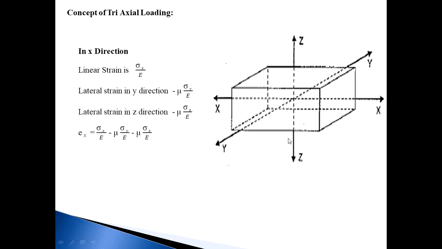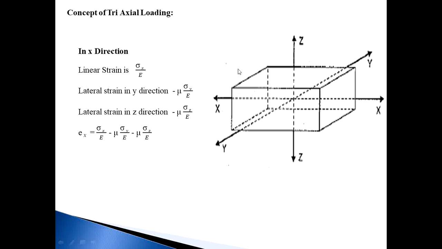So first calculate the linear strain in the X direction. Basically, consider the X direction as the main or primary direction. Due to sigma X, the strain will be sigma X by E. At the same time, when you consider the X direction, the Y and Z also apply stresses on the body, and for these, it is a lateral strain.